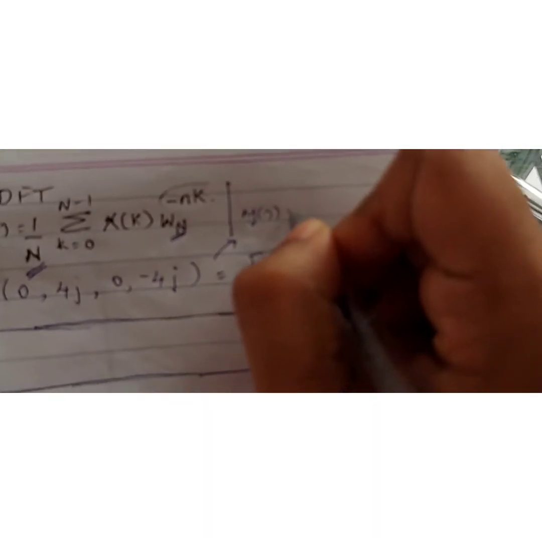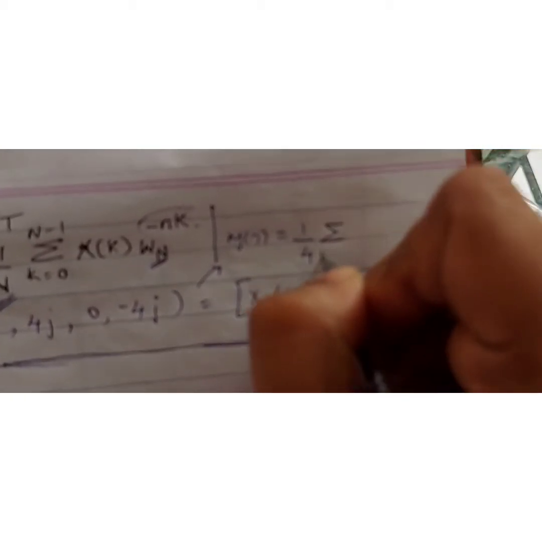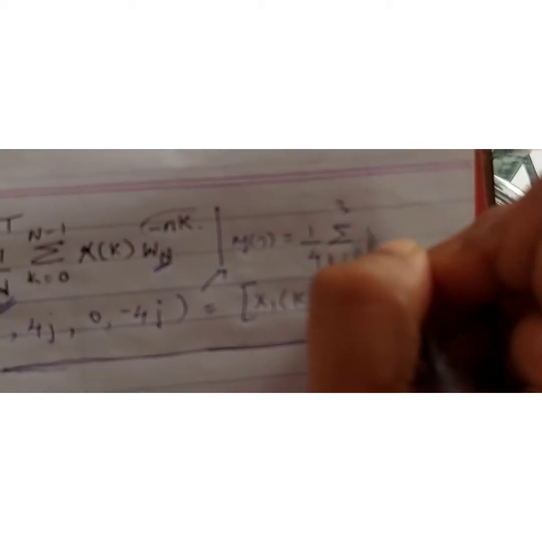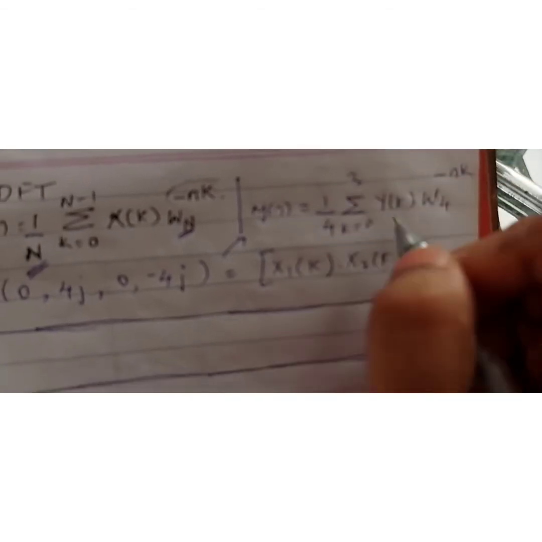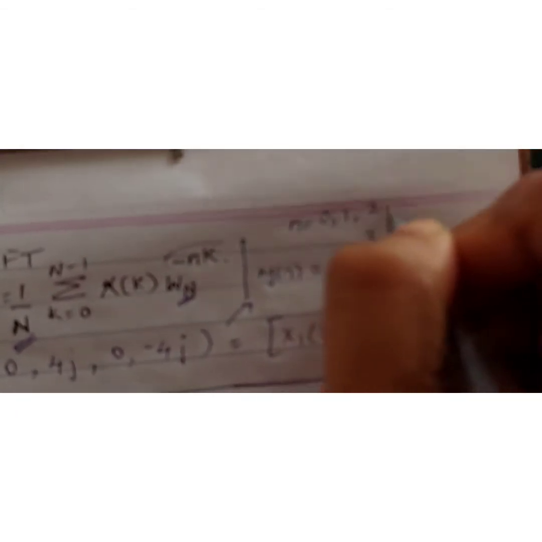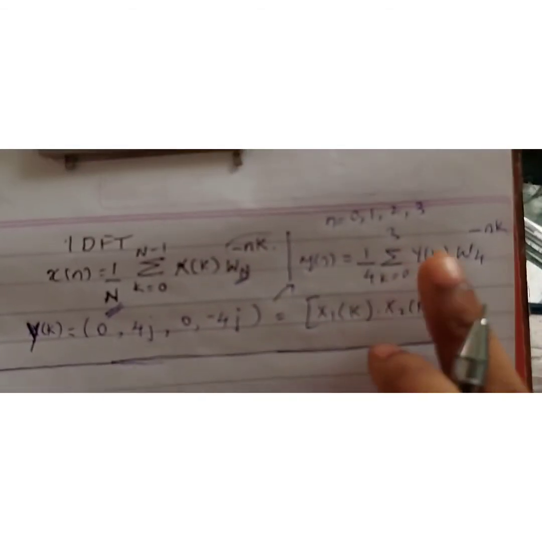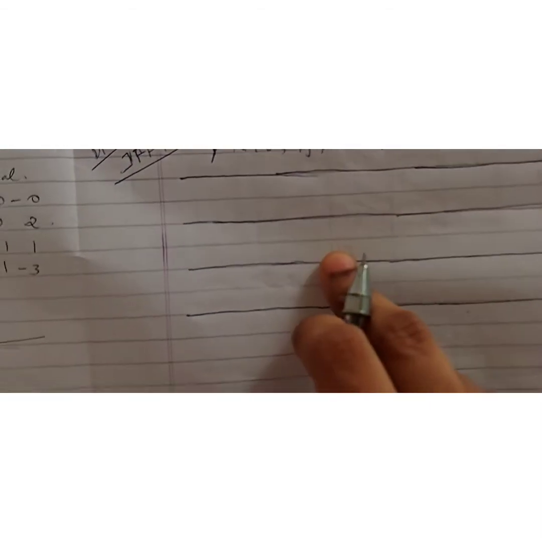Okay, for this problem, y of n is 1 by 4 summation k equal to 0 to 3 Y of k W4 power minus n into k. Here your n varies from 0, 1, 2, 3. So this is what you are actually finding out using the FFT structure.